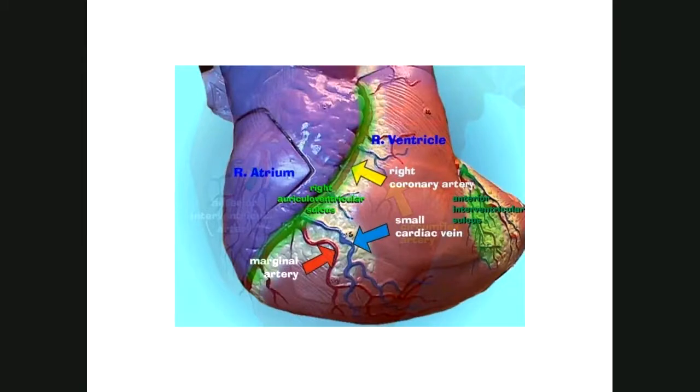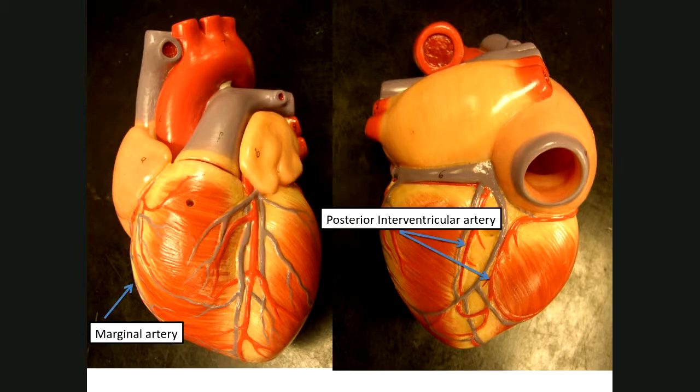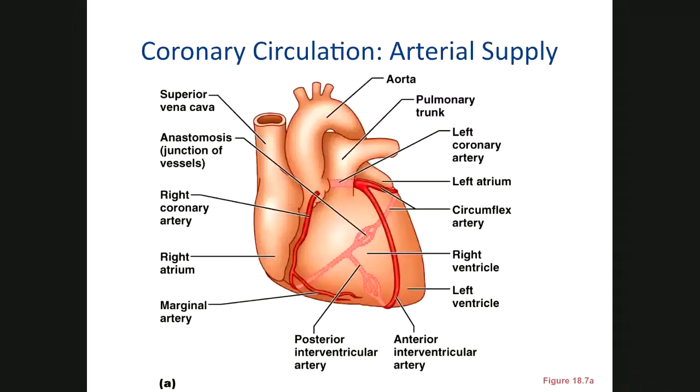Let's go back to our picture one more time, and we'll review it real quick. So, right coronary, long artery, goes all the way around to the back side. And then here is our marginal right here. And there's our posterior interventricular right there.